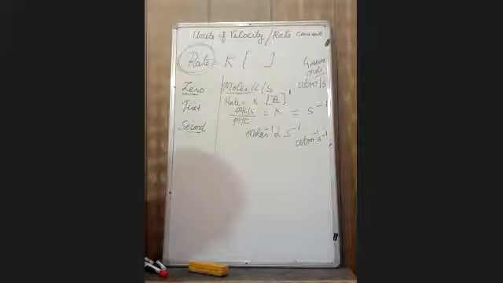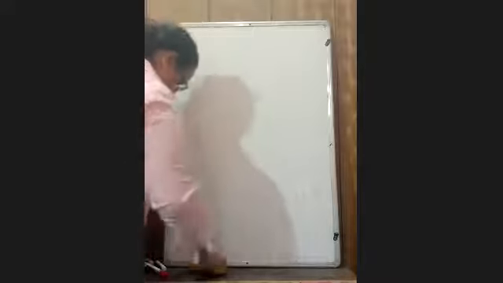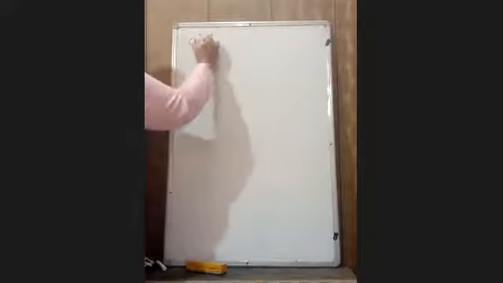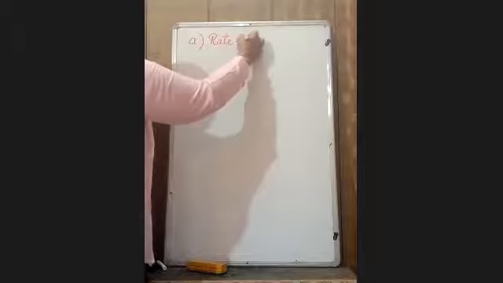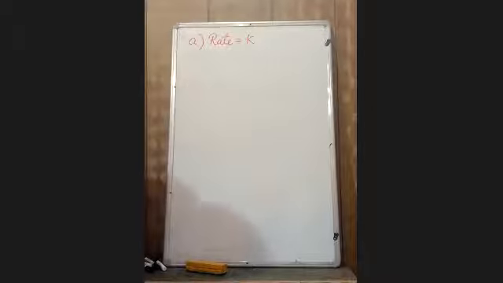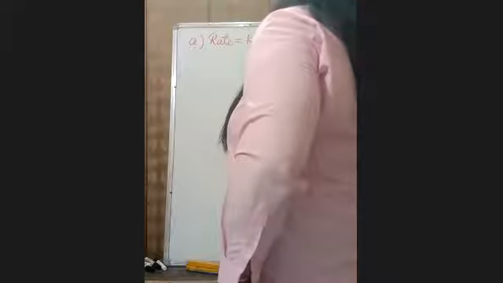Now, we will solve one question on order of reaction. Take out your notebooks with you. The question is, calculate the overall order of a reaction. And in this case, rate, see this clue is given to us. Rate is equal to K, A 1/2, B 3/2.